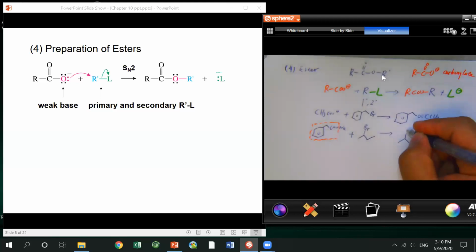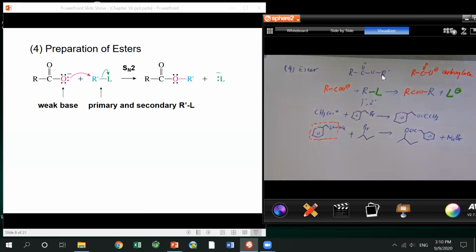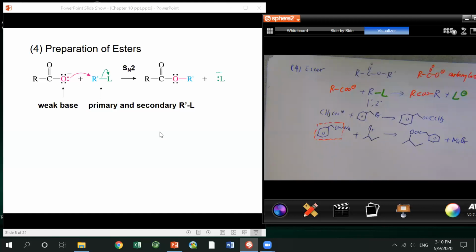Keep in mind, the oxygen is the real nucleophile, and then the whole part comes along like this, plus sodium bromide. You don't need to show it, but if you show it, that's fine. That's pretty straightforward, an easy reaction.